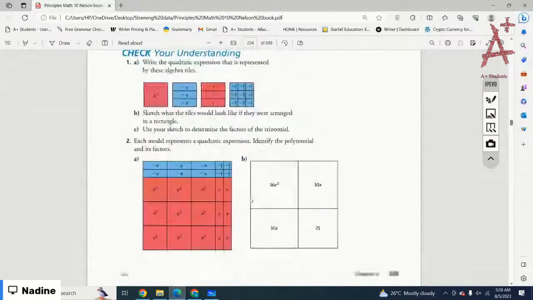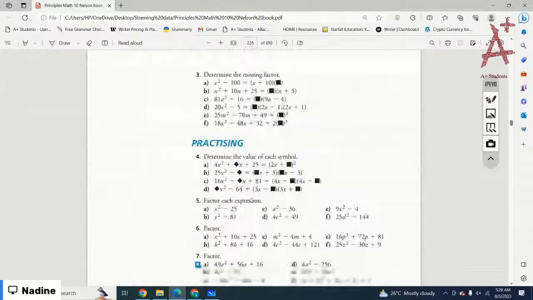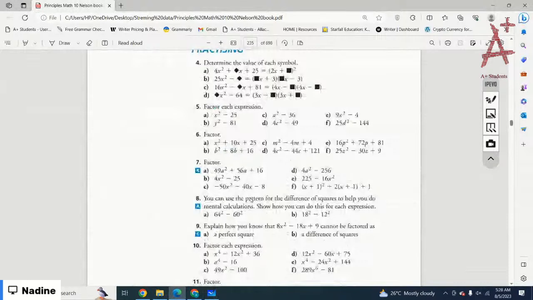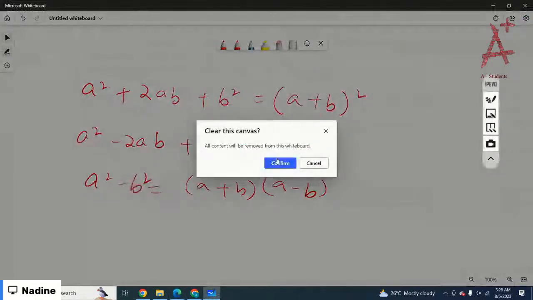So let's just start with the practice questions. Determine the value of each symbol. The first one is 4x square plus missing x plus 25 and 2x plus something whole square. Let me just write it down on the board. Question number 4a.